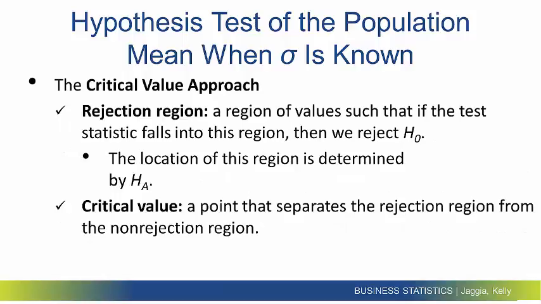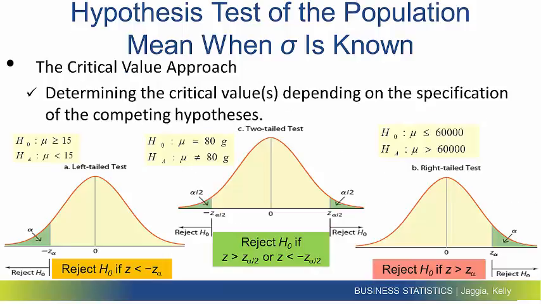Now let's consider the critical value approach. With the critical value approach, we determine a critical value that creates a cutoff point and separates the rejection region or regions from the non-rejection region. Again, as with the p-value approach, I'm presenting you 3 different hypothesis tests for each of the different sets of hypotheses.